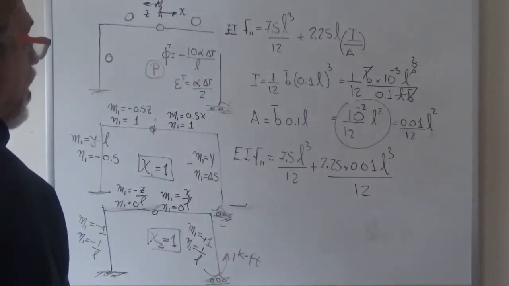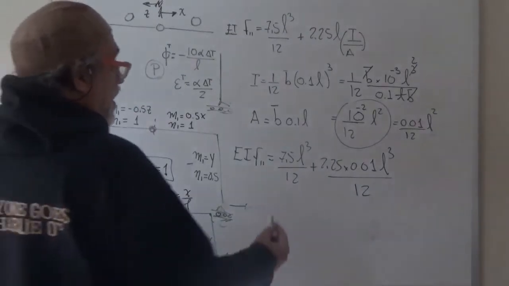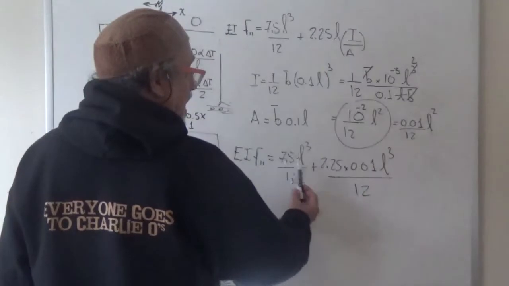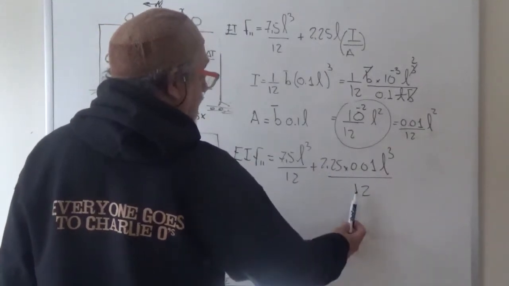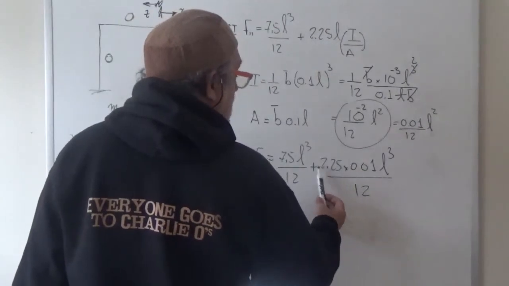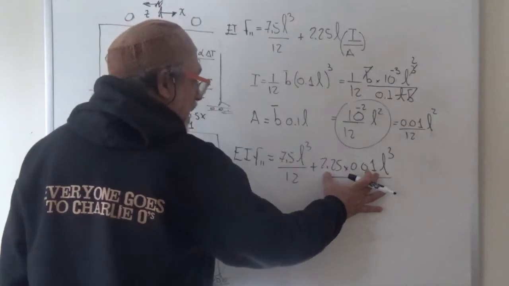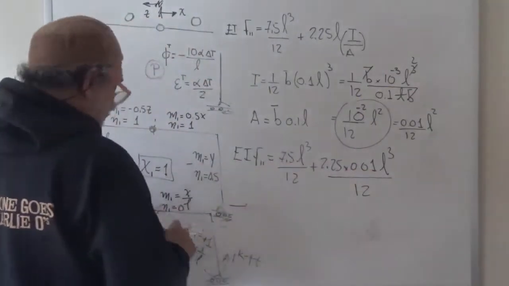You can see right away why we normally would neglect axial, because this is 7.5, the same denominator, the same L cubed, but this numerator is 0.02, so this is 0.025 compared to 7.5.